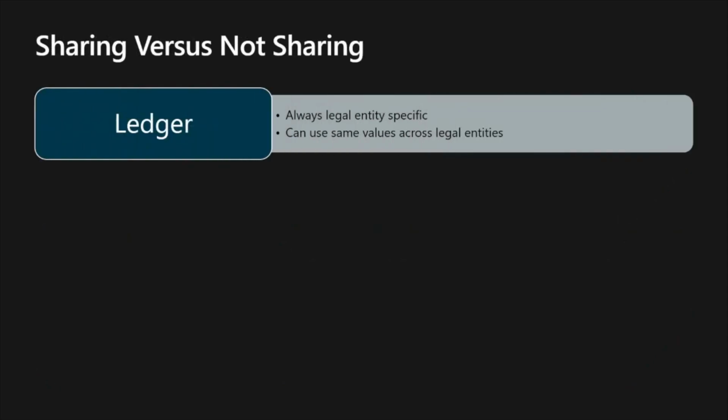When we think about sharing versus not sharing your chart of accounts, there are several considerations and configurations that you will want to consider. First is the ledger. Like we discussed earlier, the ledger is always legal entity specific. In order to post transactions to the general ledger in any company, the ledger must be configured.